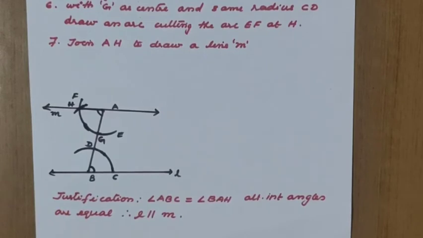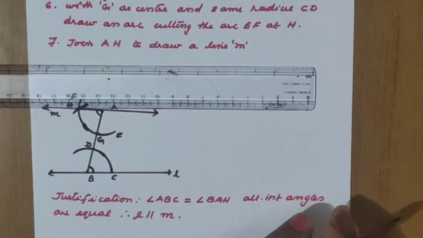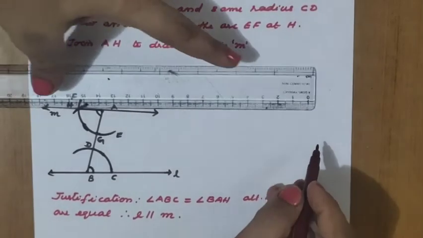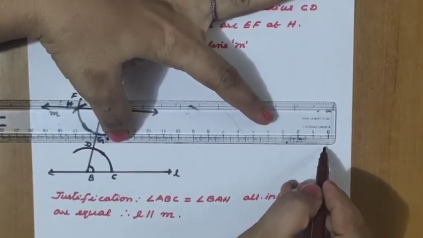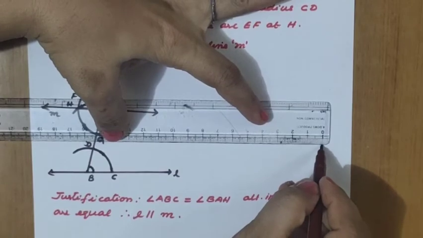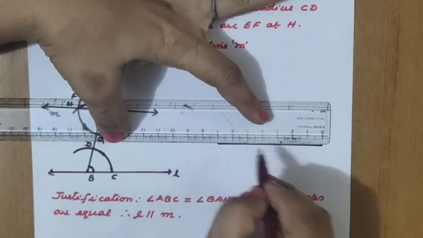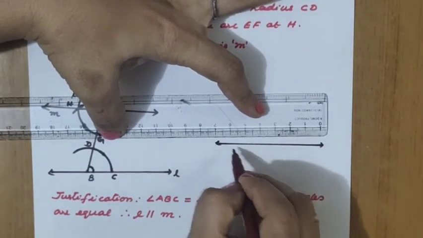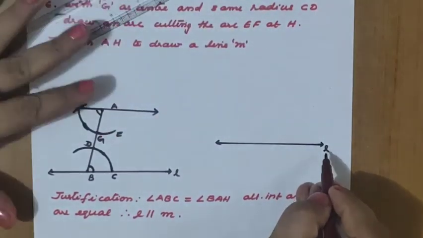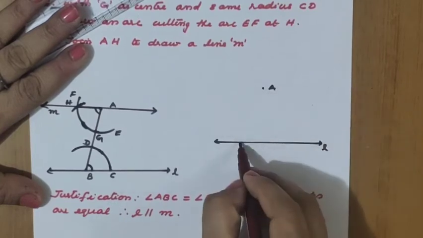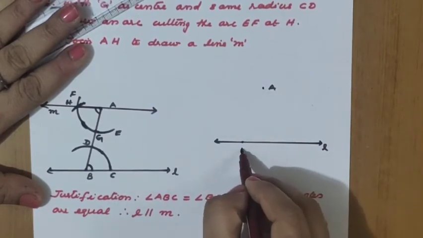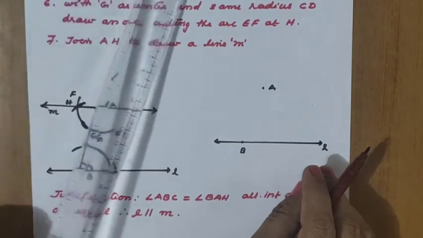I'll do it one more time to make it more clear. So let us do the construction once again. Now, first, again repetition only, see the steps correctly. One more time I am doing the construction. First we are doing the line L. Okay. Now a point A is taken outside L, and on L, the point B we have taken. What is the next step?